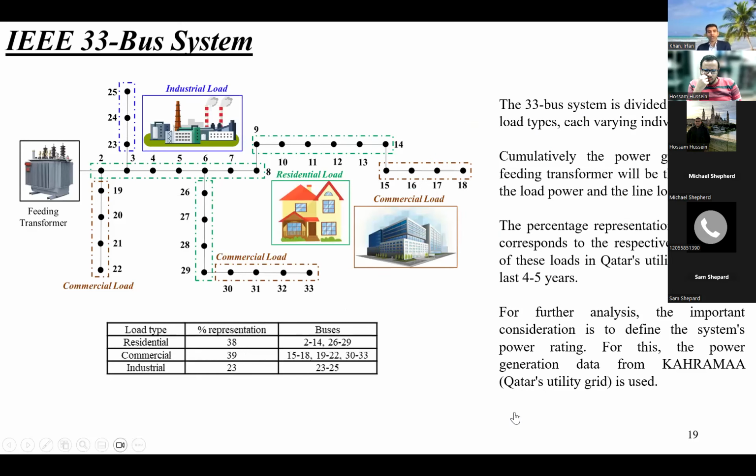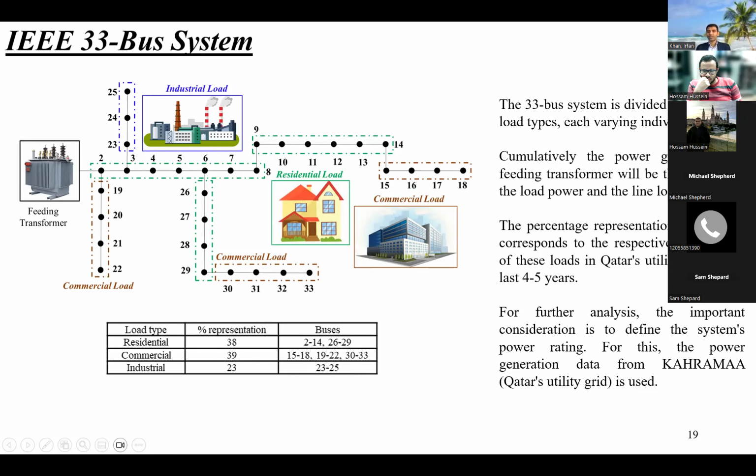So that's the representation of load: 38%, 39%, 23%. Residential load is connected on buses 2 to 14 and 26 to 29. Commercial load was connected to buses 15 to 18, 19 to 20, and 30 to 33. And these are the buses with industrial load.